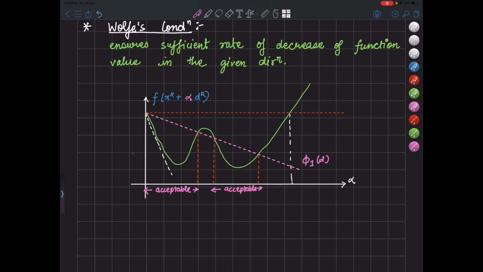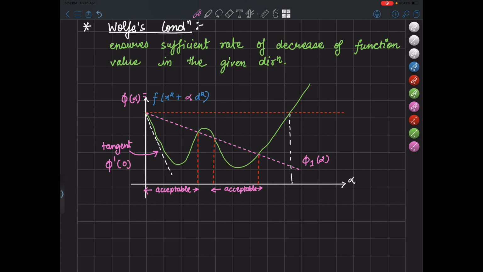So you can see that there is a tangent here. The slope of this tangent is given by phi dash naught, right?